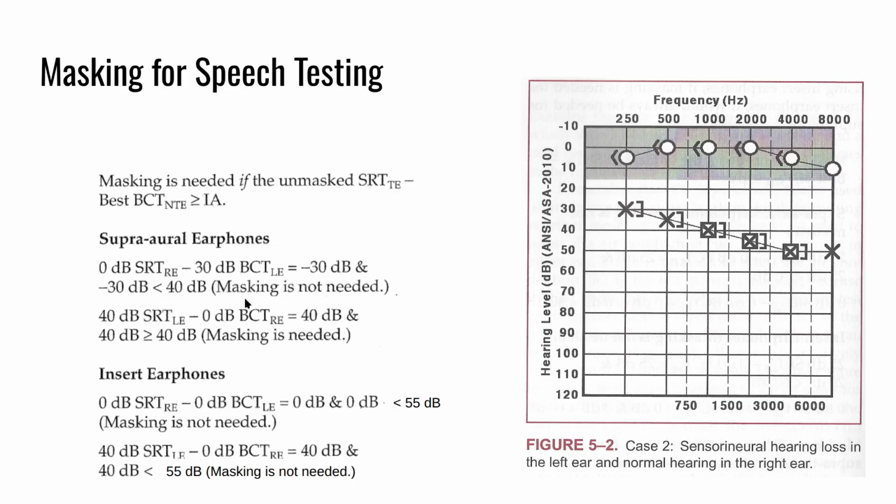Masking is not needed. Now for the other ear, our left ear SRT, 40 dB with supra-aural earphones, 40 dB SRT minus 0 dB bone conduction threshold, which is the best bone conduction threshold in the non-test ear, which is the right ear. 40 minus 0 is 40, and 40 is equal to 40 dB, which is our minimum interaural attenuation.